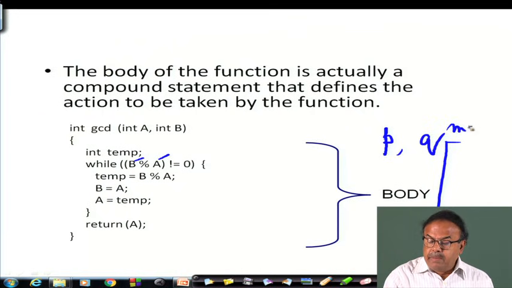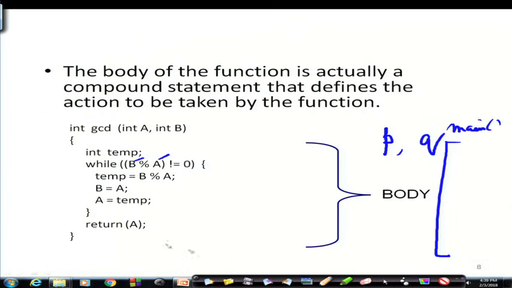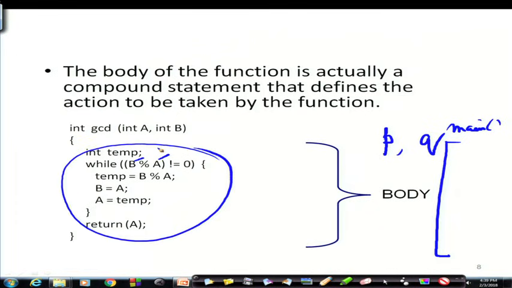The main will not get the value of A and B, this is completely local here, and as soon as this ends, A and B vanish. A and B will no longer be available to you. Same is true for temp, because temp has been defined internally within this function. All right. So, this is a very key thing that you must understand.